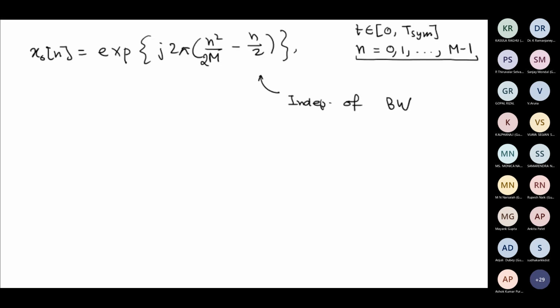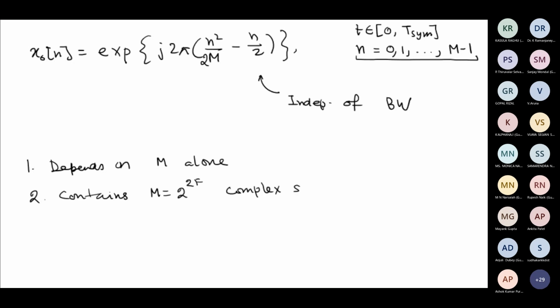So we can write down some important properties of this sampled version. First of all, it depends on M alone. Number 2, it contains M, which is nothing but 2 to the power SF complex samples.